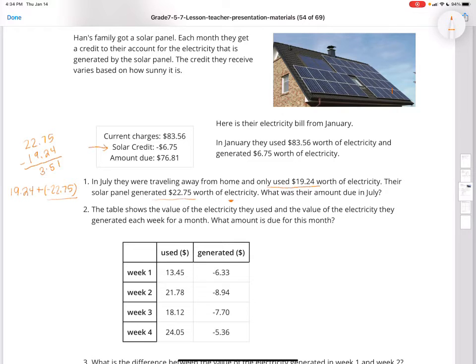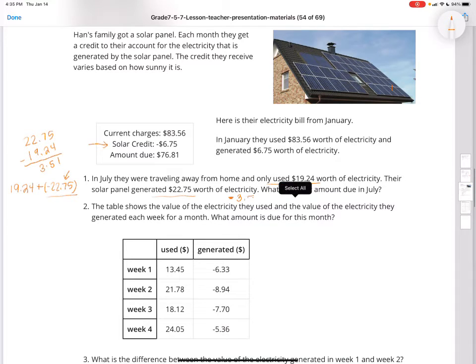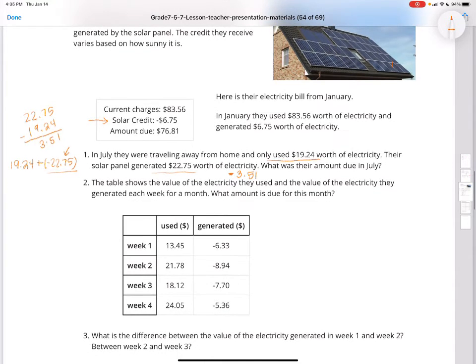So since 22 and 75 cents had the greatest absolute value, our answer is negative $3.51. And that's the extra credit. They basically don't owe anything in July. That's the credit on their bill.